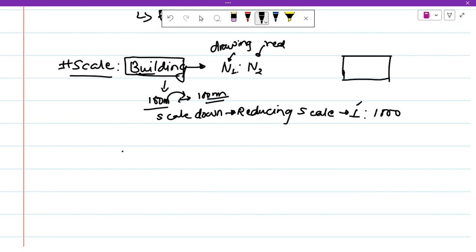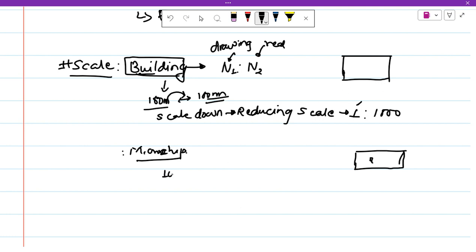Let's talk about a small part, a microchip. If we draw the microchip on our A3 paper, it will be very small. Its dimensions, its detailing cannot be exactly defined. So we have to scale up.